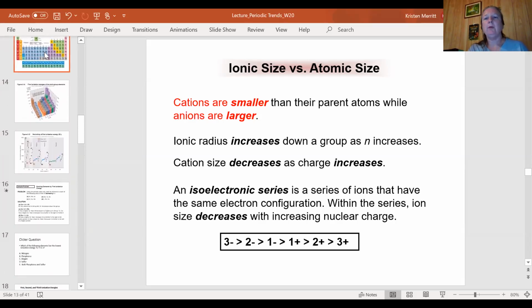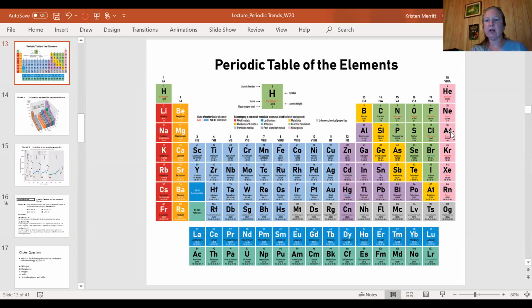When you have the same electron state, for example, potassium ion, potassium plus, is the same electron configuration as argon. We say that it is isoelectronic with argon. Chloride ion, it added an electron. It is isoelectronic with argon. However, they do not have the same size.